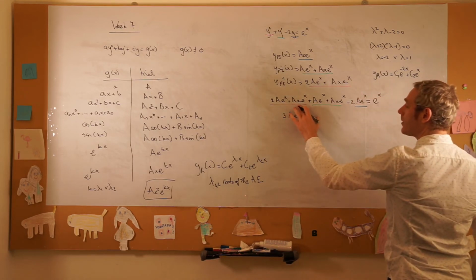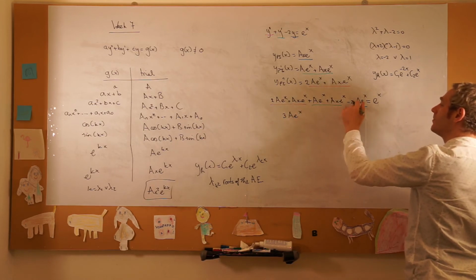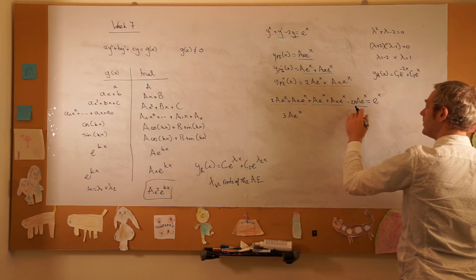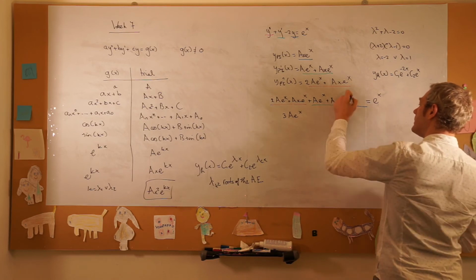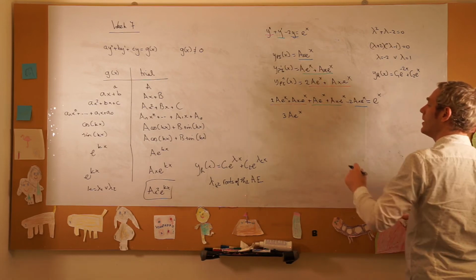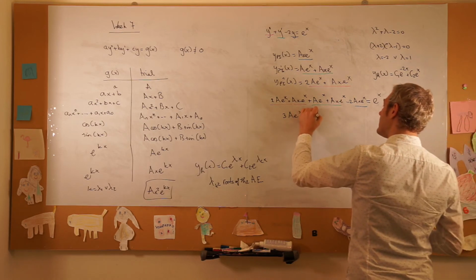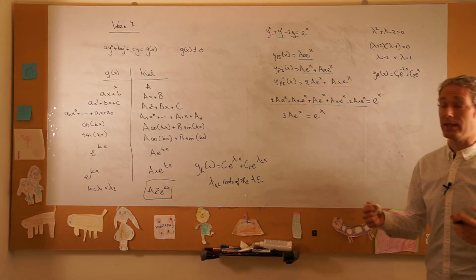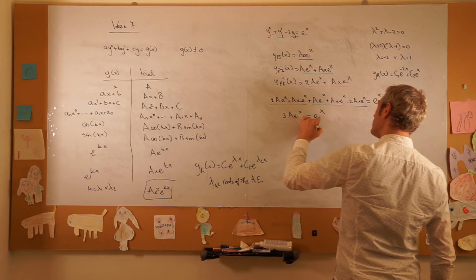We have a x e to the power of x plus a x e to the power of x minus 2a x e to the power of x, because I forgot that. 1 plus 1 minus 2 is equal to 0. So that term drops out, and it has to drop out because otherwise we'd be in trouble. And we find a is equal to 1 over 3.